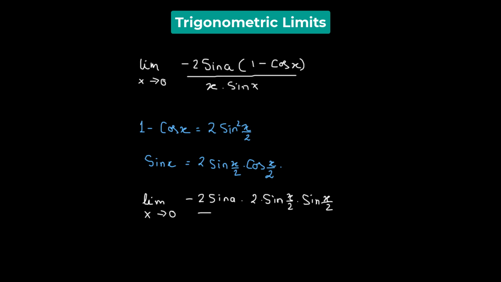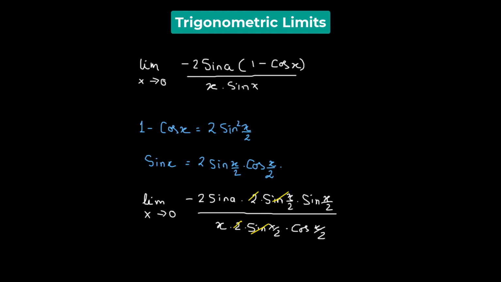That will be evident in a moment. Now we have x times 2 times sine x over 2 times cosine of x over 2. So we can now cancel out sine x over 2 from both the numerator and the denominator, and we can also cancel out the 2. So that leaves us with sine x over 2 over cos x over 2.